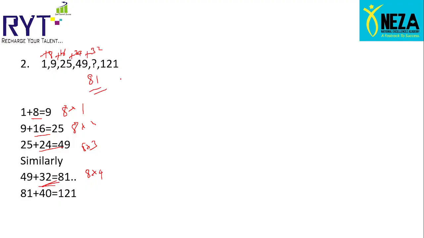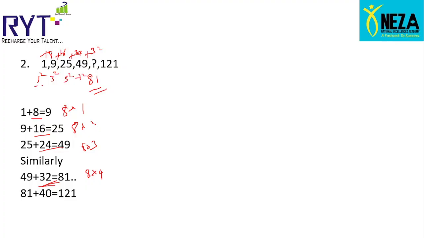So this is by following the conventional method, the normal method. If you observe the numbers carefully, they are actually square numbers. That is, 1 is 1 square, 9 means 3 square, 25 means 5 square, 49 means 7 square.